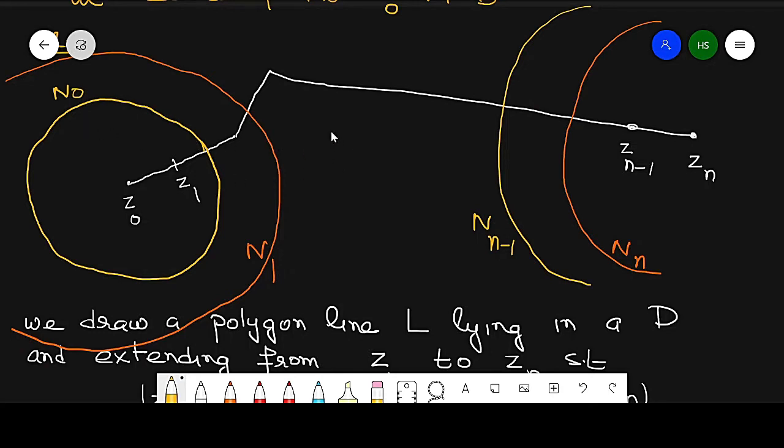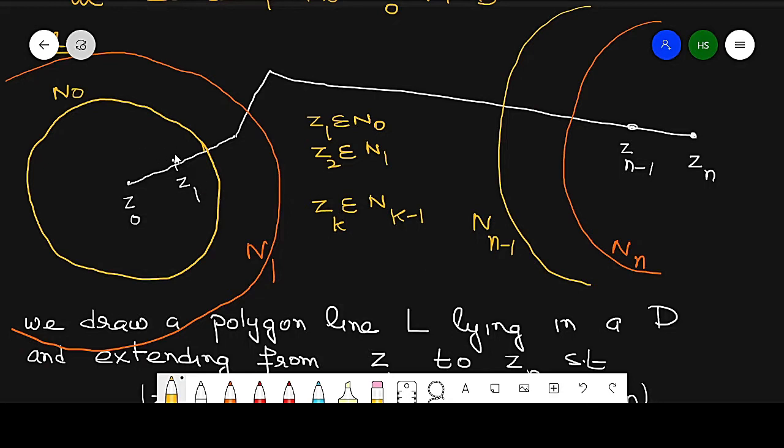So z1 belongs to n0, z2 belongs to n1, and so on. In general, zk belongs to n(k minus 1), and z(k plus 1) belongs to nk. So what we did is draw a polygonal line in such a way that it satisfies this kind of sequence.